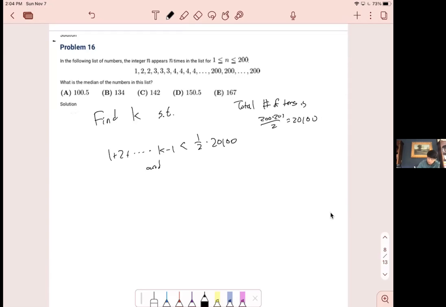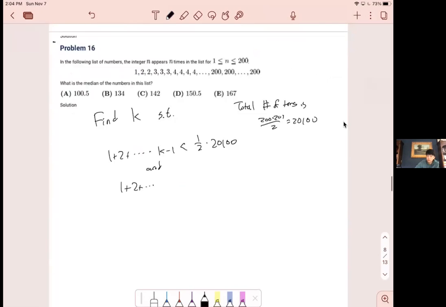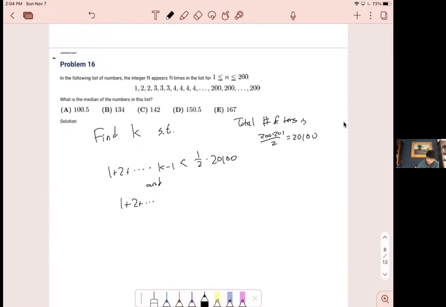So we want to find k such that less than half of the numbers appear before it, but the sum of the numbers up to k is greater than 1/2 times 20,100.